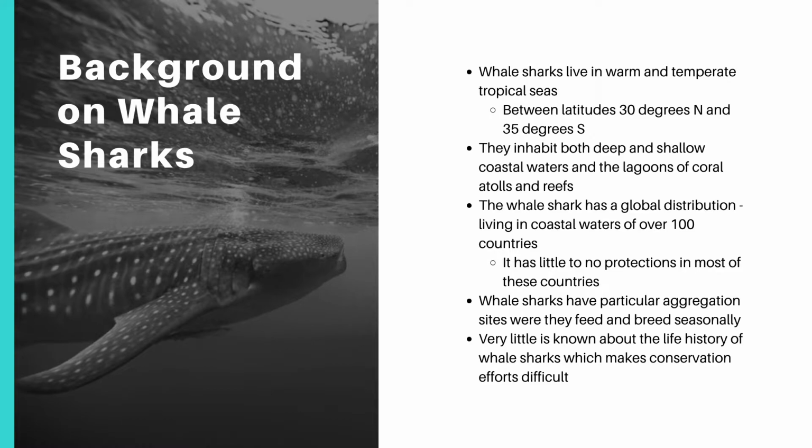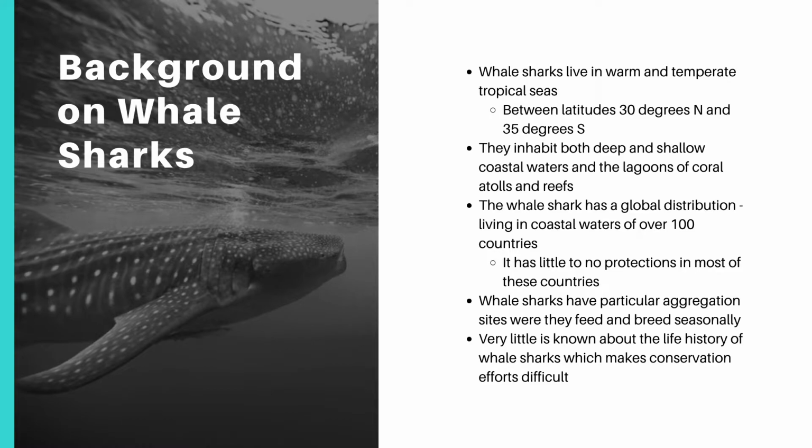And another thing that makes whale shark data hard to come by is it's hard to physically find, tag, and track whale sharks. They are quite elusive. There's not very many that live together.